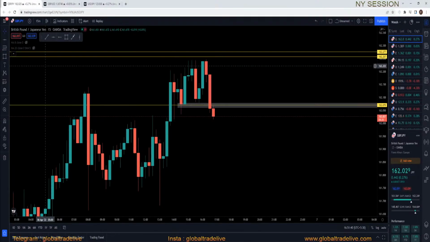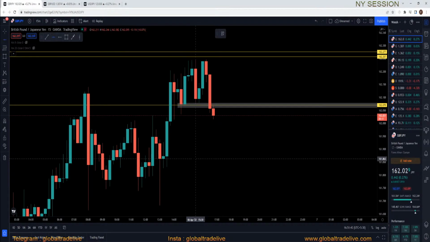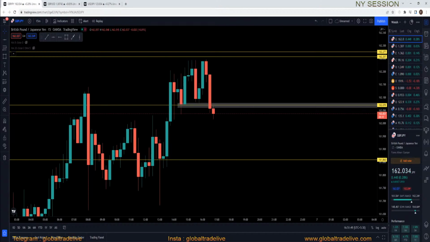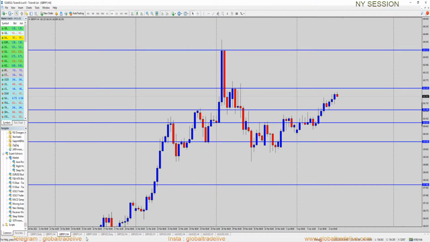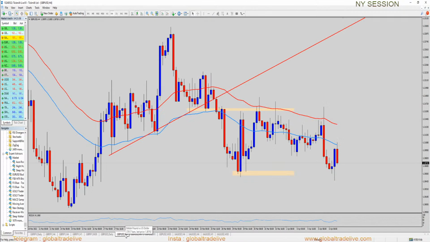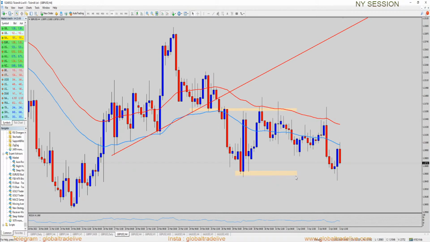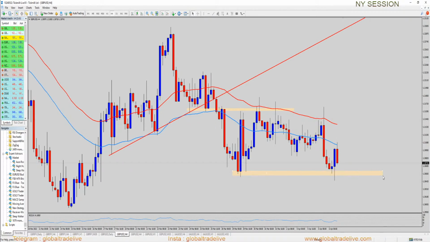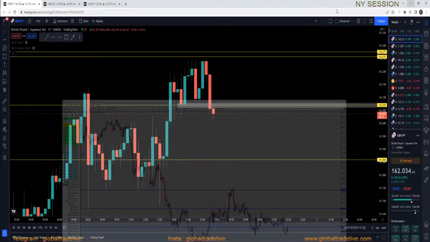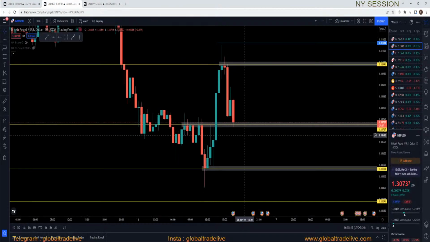So let's see if the market just goes down and taps this area over here or not. Yeah, GU will be tapping this area, definitely.